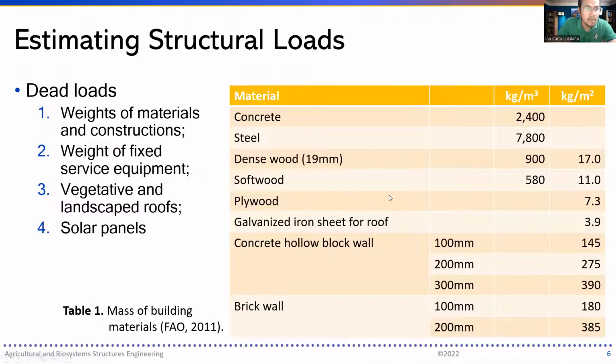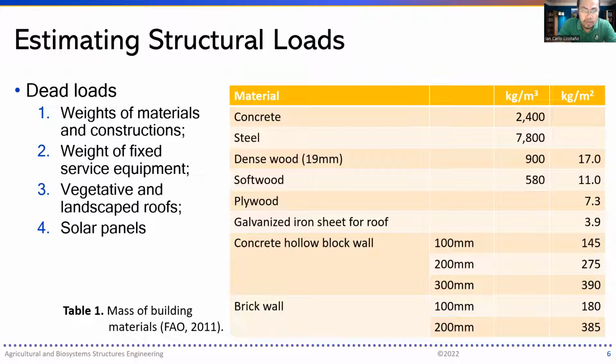Now, the weights of materials in construction are very important and usually assumed. You have your Table number 1 showing the mass of the building materials. This is taken from the FAO book, later shown in the reference. This is a Creative Commons book, so everyone can access it. Let me know if you want to get access.